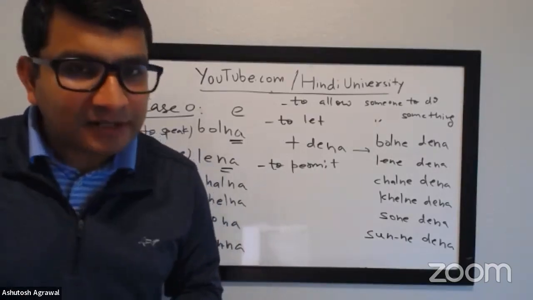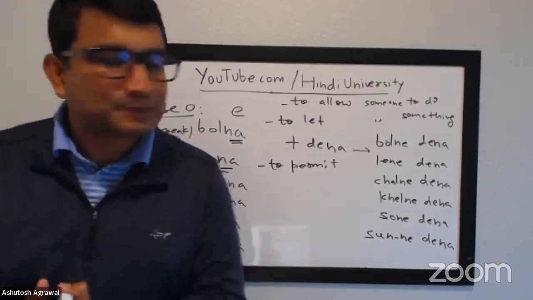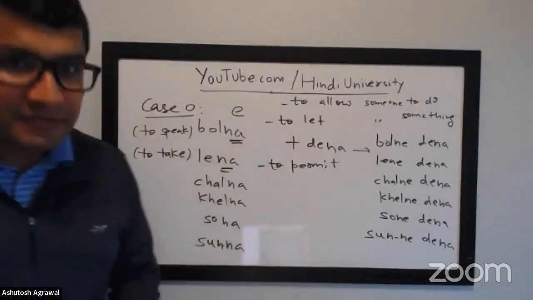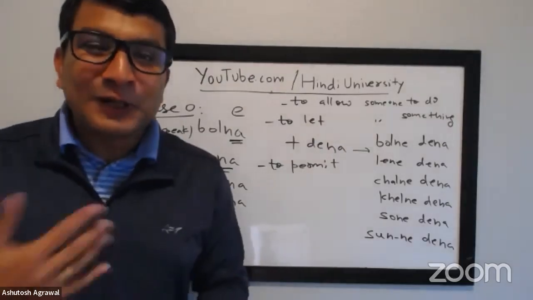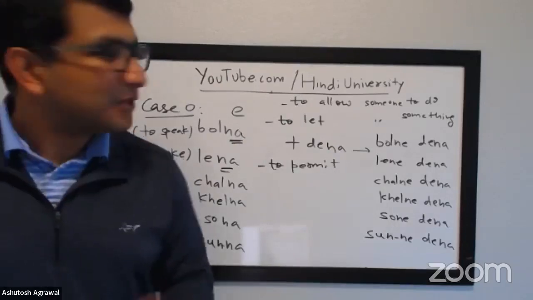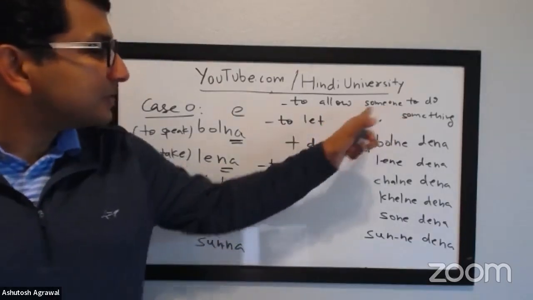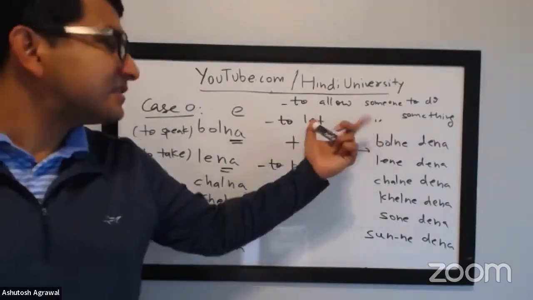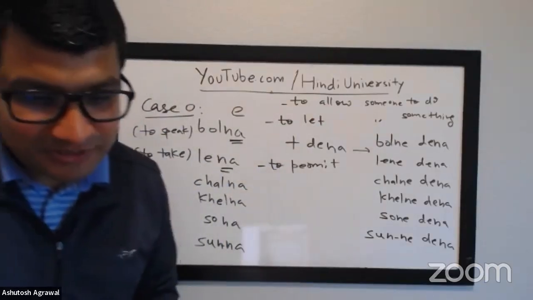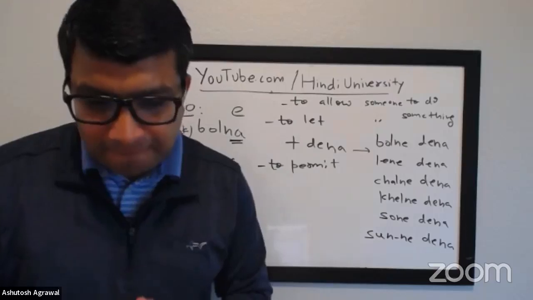So it's not always people, but a lot of the sentences you will be doing will involve people because you're saying to allow someone to do something, to let something happen. Good question. Thank you. Anyone else?